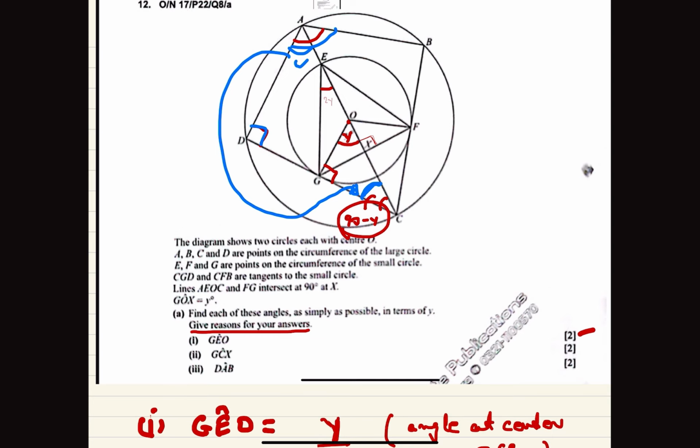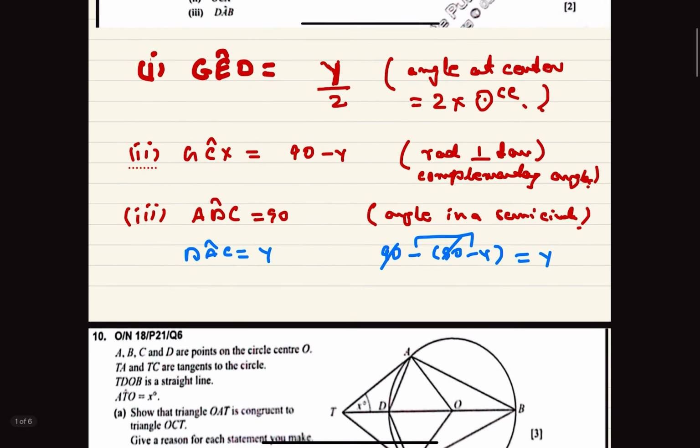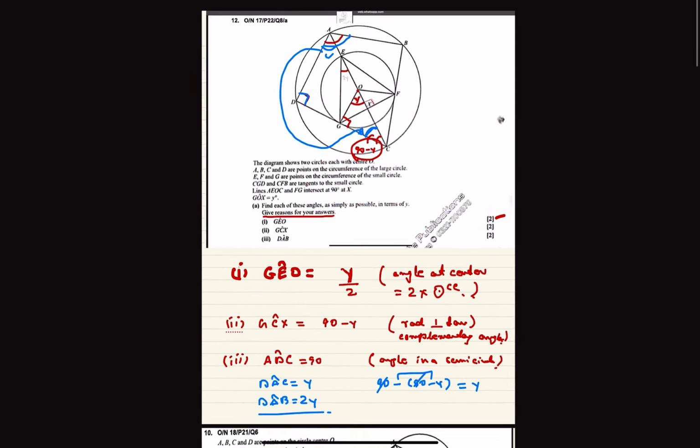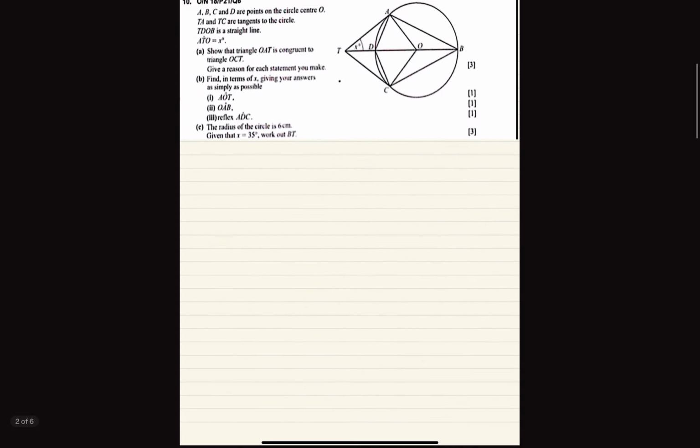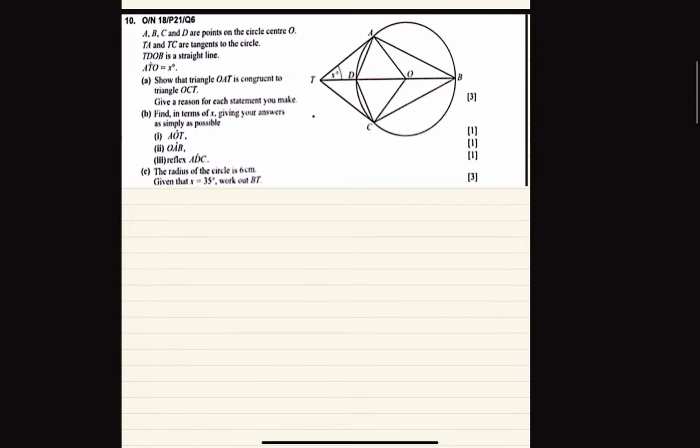So DAB is double of it by symmetry. That means 2y. Hope you got it. So you can take a snapshot if you want. Okay, now you can again pause the video and solve this question.